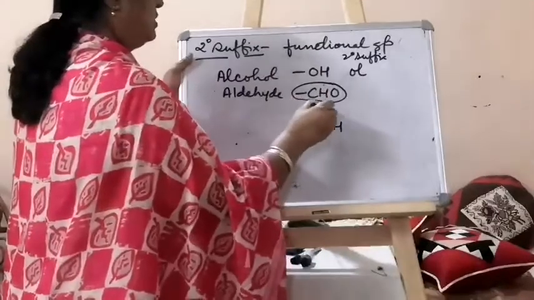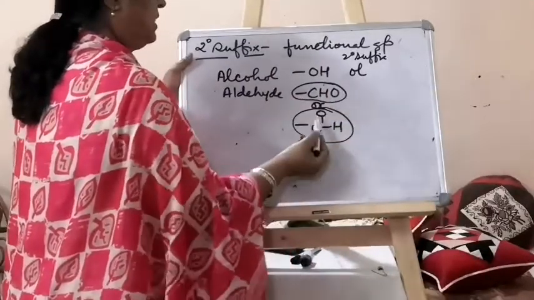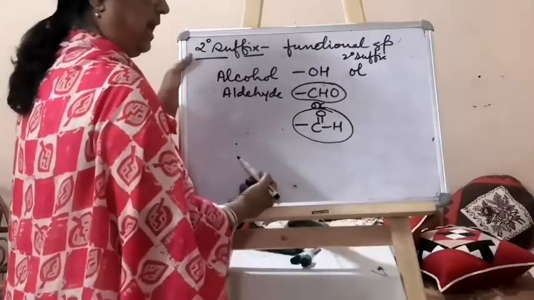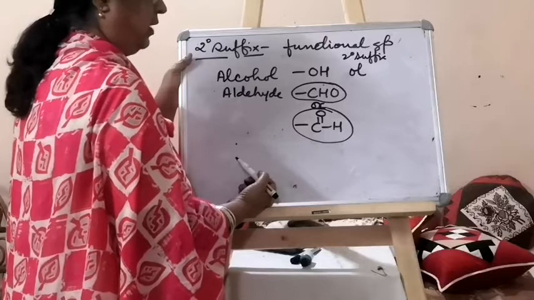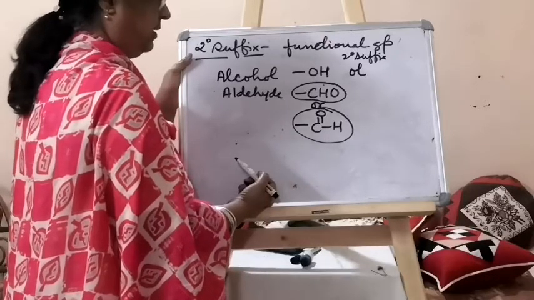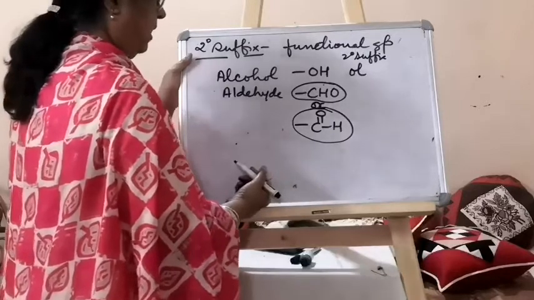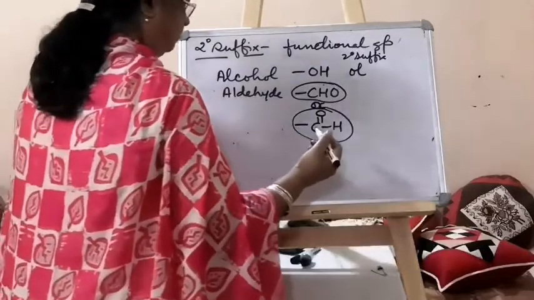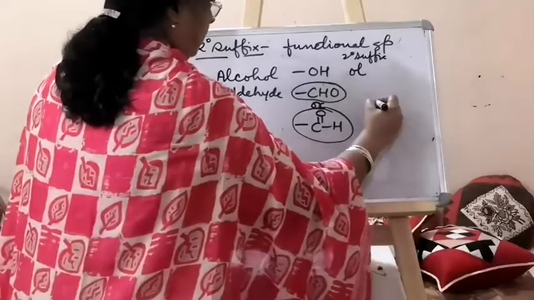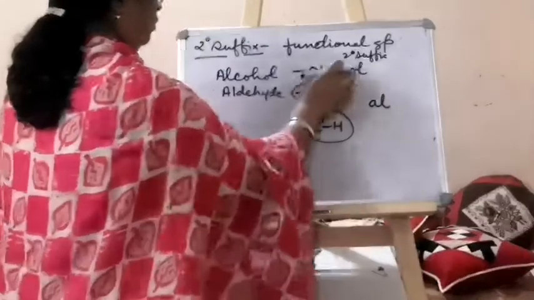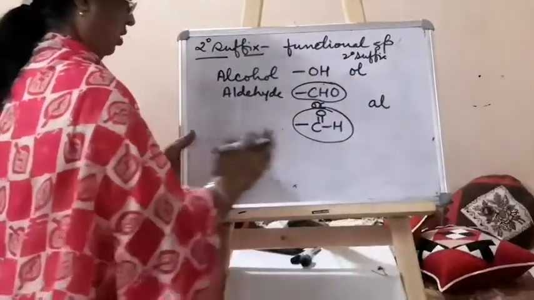But if you know this structure, you can see there is a double bond. So single bond and double bond have different properties, and that will be quite helpful for you to decide what type of reactions will be there when you study later on. So this is your aldehyde, and the secondary suffix is al. A should be linked from the base, O should be linked from the top.